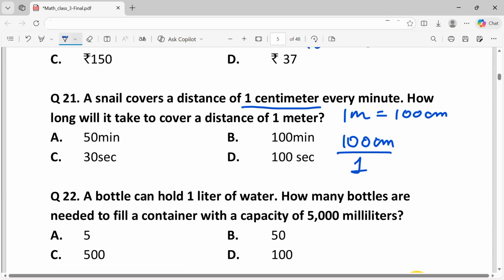So 100 centimeters upon 1 centimeter per minute, which will equal 100 minutes. That is option B.